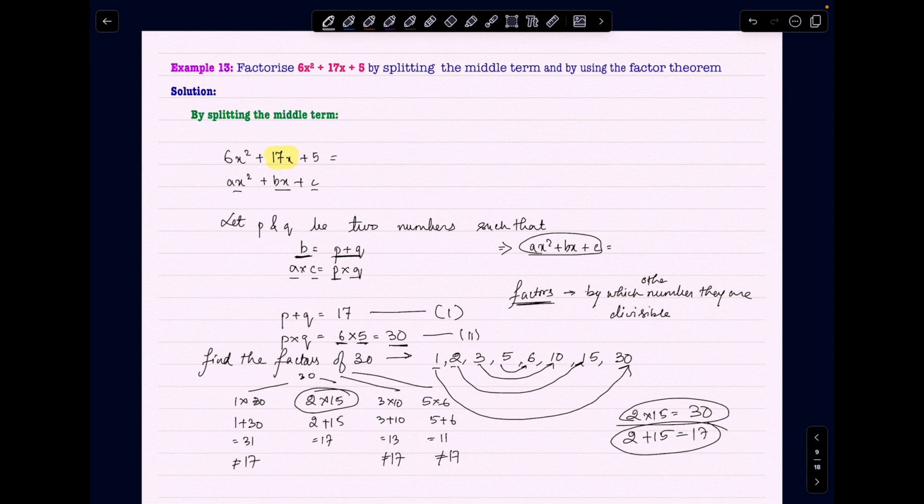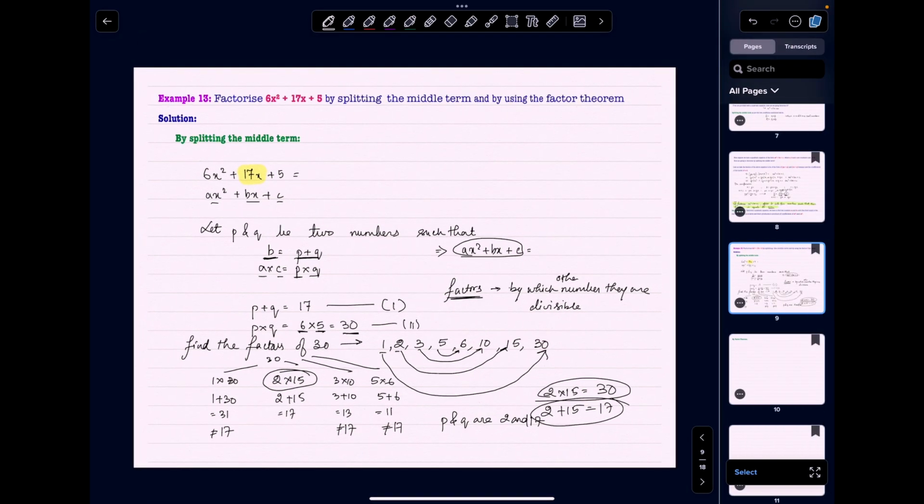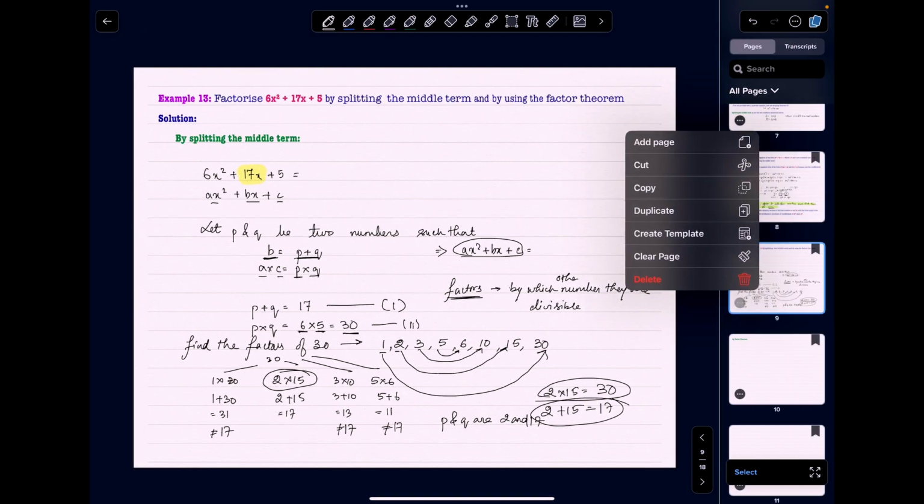So we can write P and Q are what? 2 and 17. Since there is no space, I am going to write it at the top. Or let me add another page, that will be better.